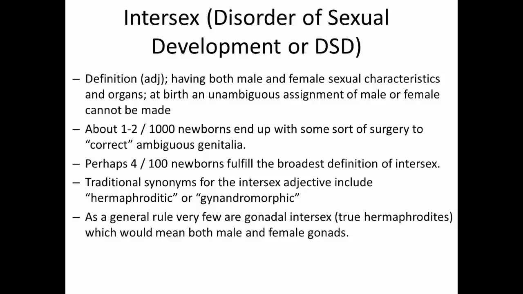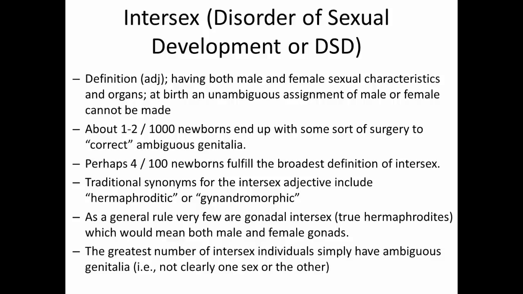Has that happened? Yes, it happens. I think just about everything you can imagine has happened for development, so it's possible. The greatest number of intersex simply have what we would say is ambiguous genitalia. It's not clearly male, not clearly female, and that's what you'll see occurring fairly commonly.